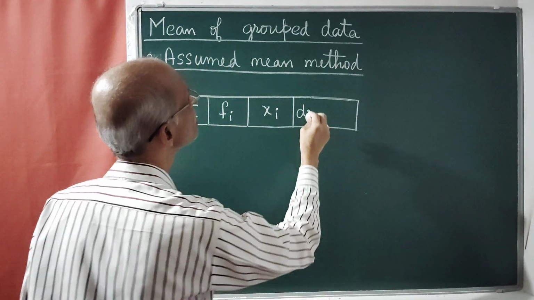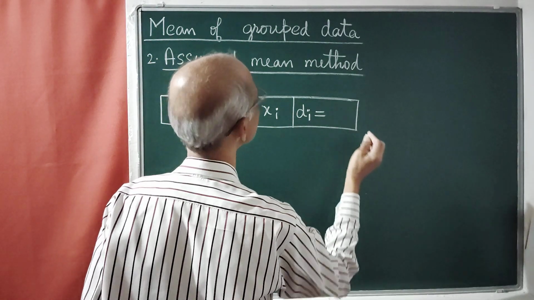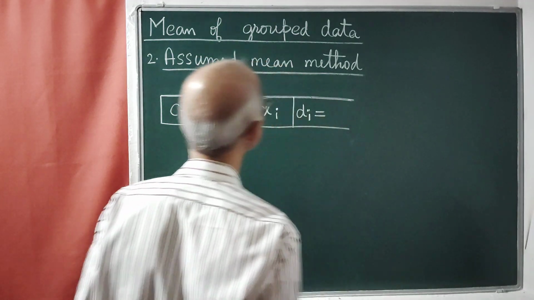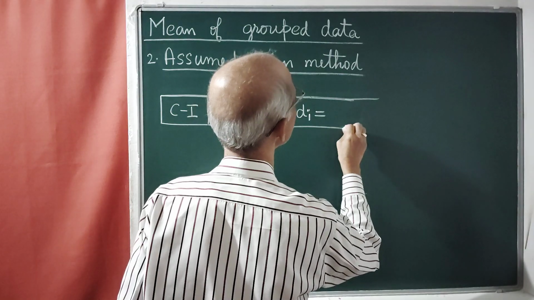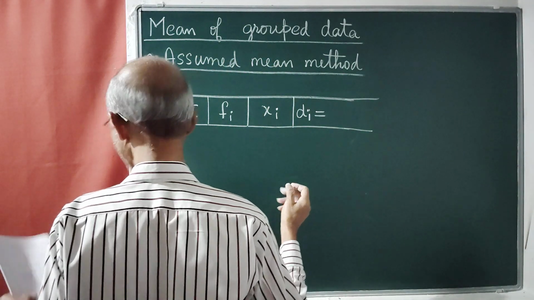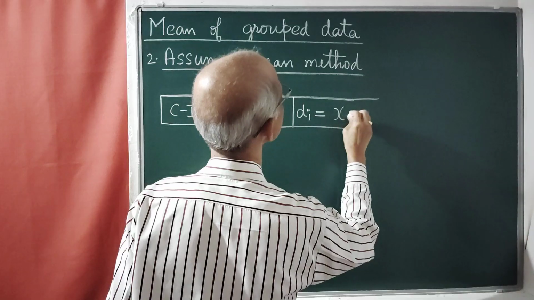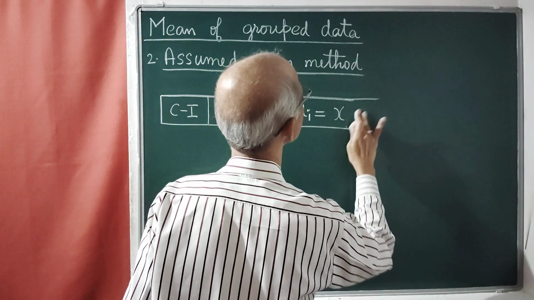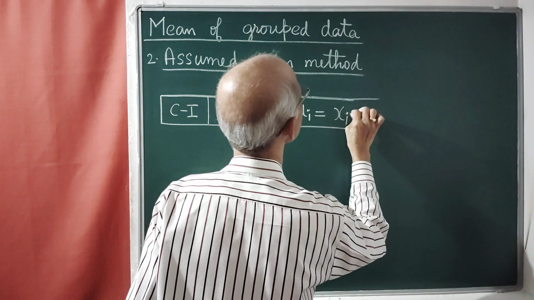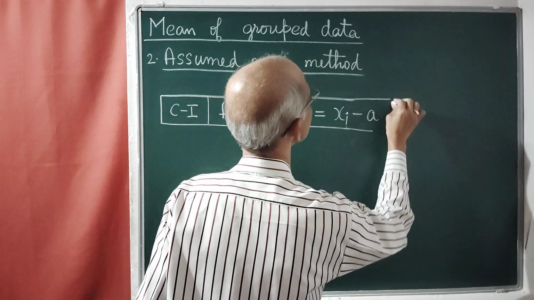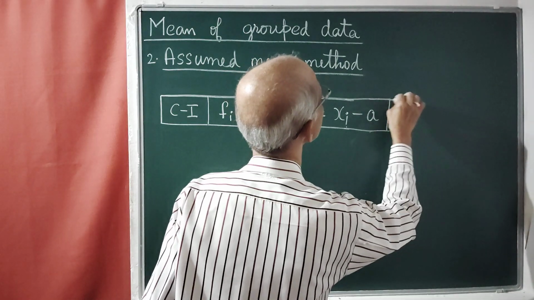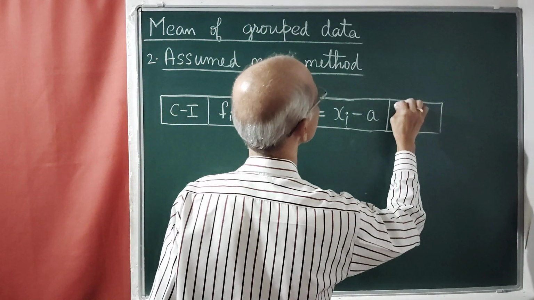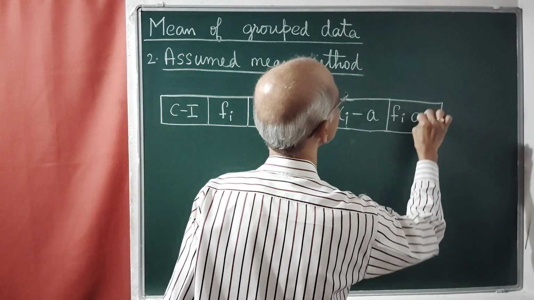Di is equal to xi minus a. Then we have to find the value of fi di, fi into di.